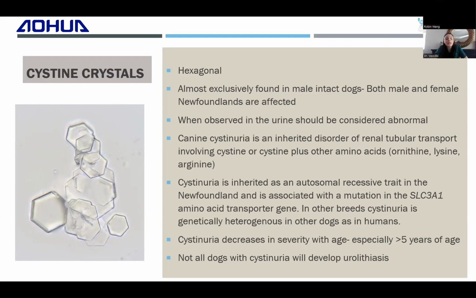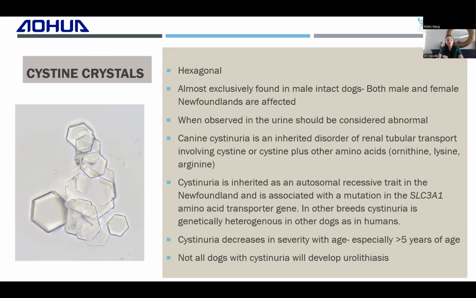And cystinuria decreases in severity with age, especially when they pass the threshold of 5 years old. So you might find very intense cystinuria in male intact dogs that have these inherited disorders when they're 1 or 2 years old.